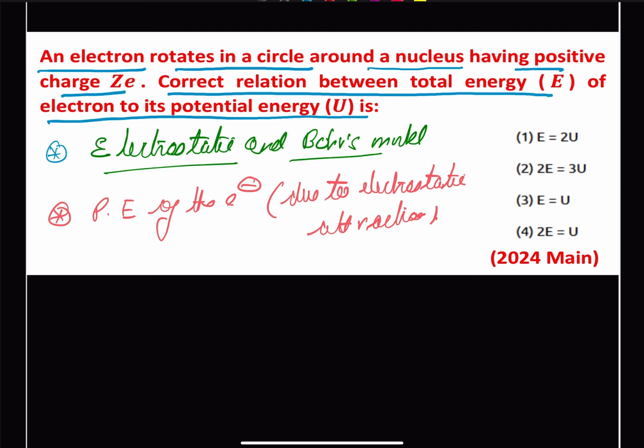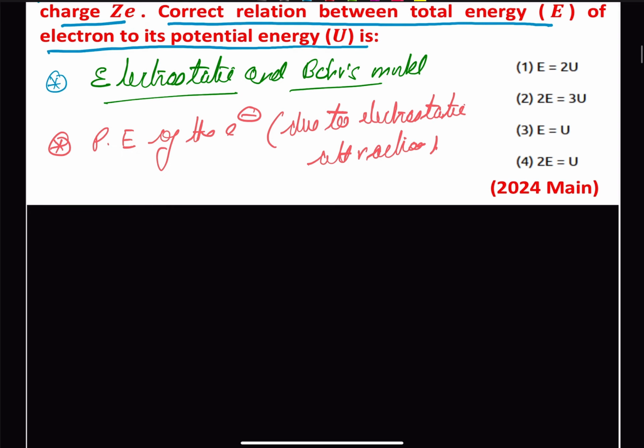So that's why sometimes we also call this electrostatic potential energy. And that is our standard formula.